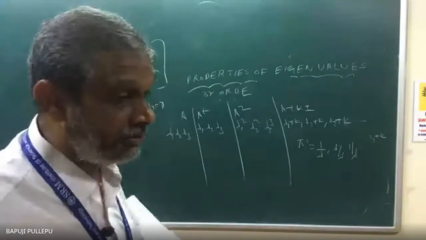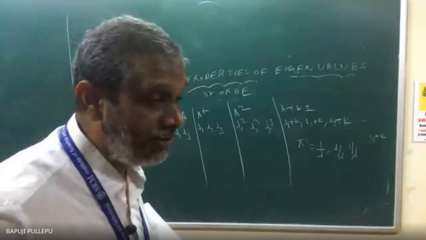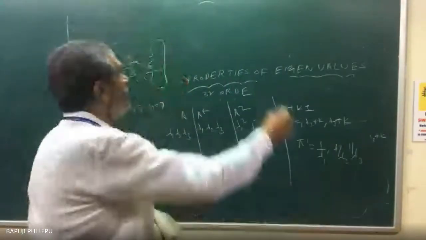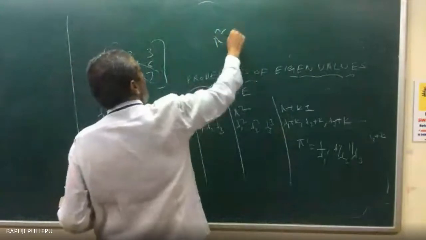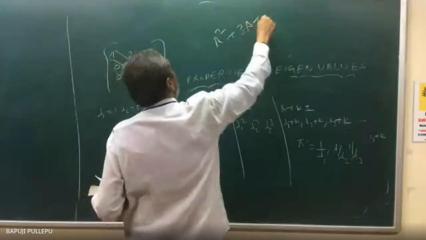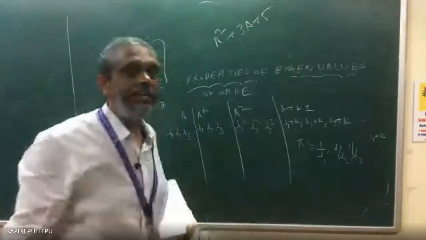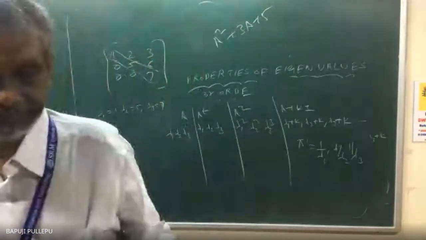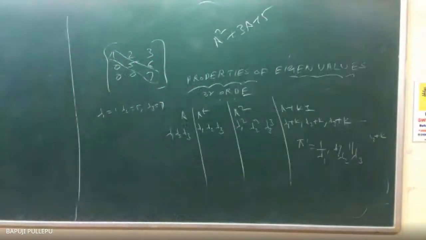Now, for A inverse, the eigenvalues are 1 by lambda 1, 1 by lambda 2, 1 by lambda 3. Clear or not? Now tell me, for A square plus 3A plus 5, how will you get the eigenvalues?